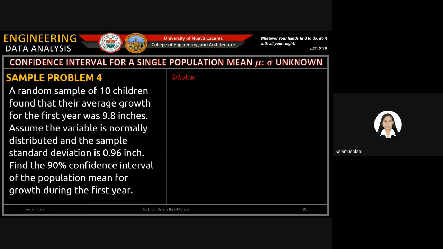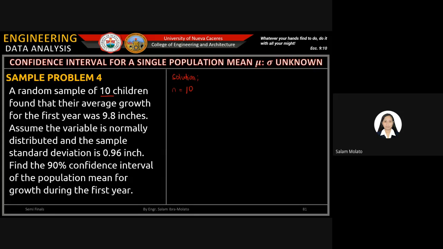Solution. Okay, so the given is yung N value natin or the number of samples, ilan? That is equal to 10. Tama? 10 children.